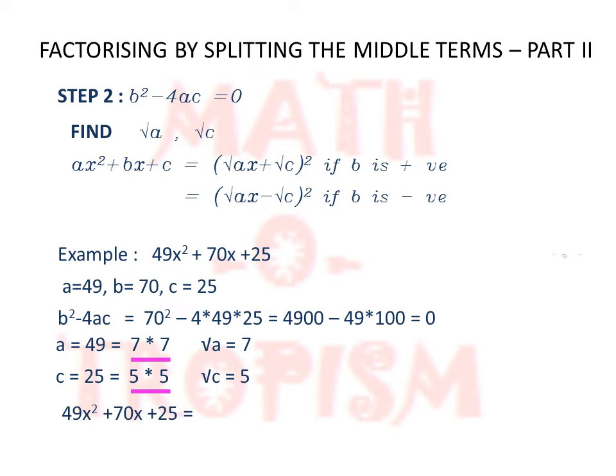So 49x square plus 70x plus 25 is equal to root of ax plus root c the whole square. Since b here is plus 70, so middle also the sign will be plus. So 7x plus 5 the whole square is the factorized form of 49x square plus 70x plus 25.